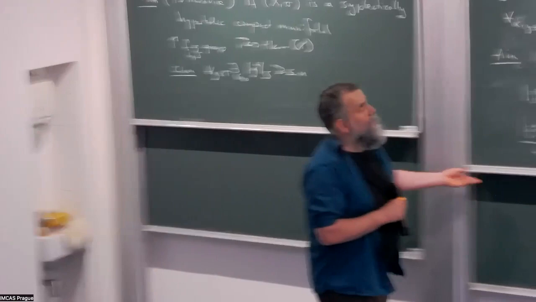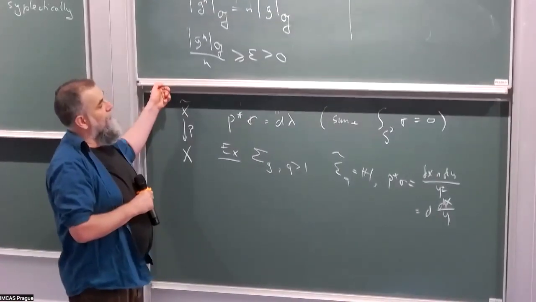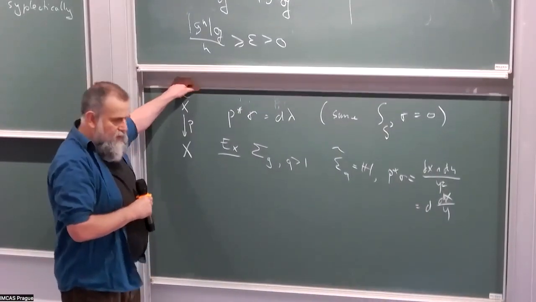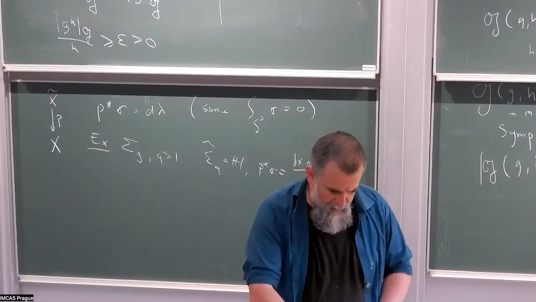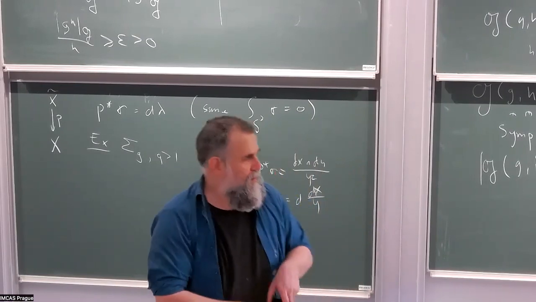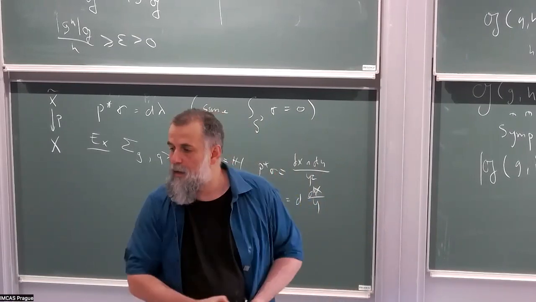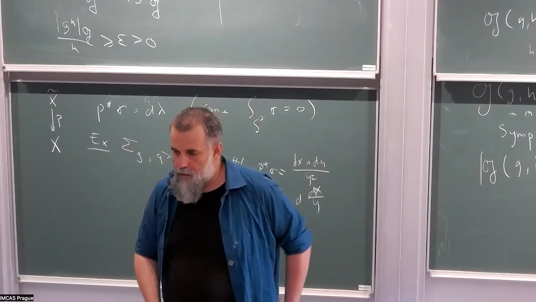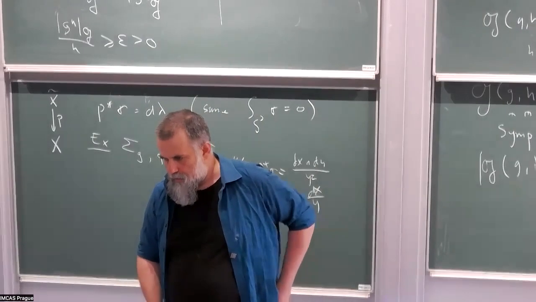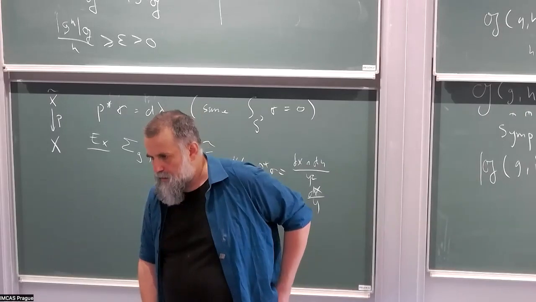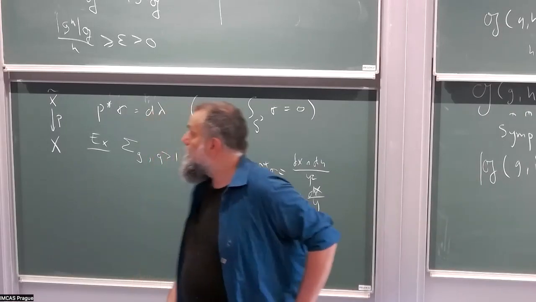If you consider the map, there are two statements. Question: pi1 contains pi1 of x, but does it contain this Hamiltonian group, or is it a big group?